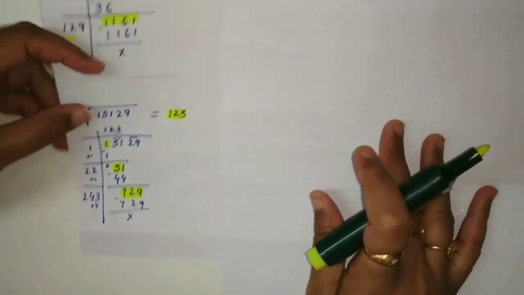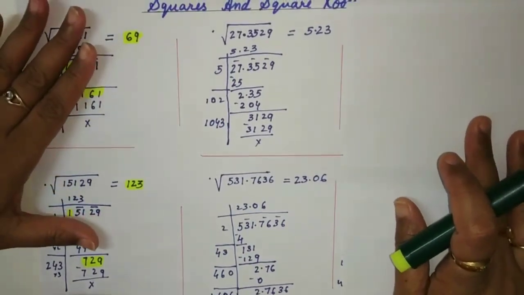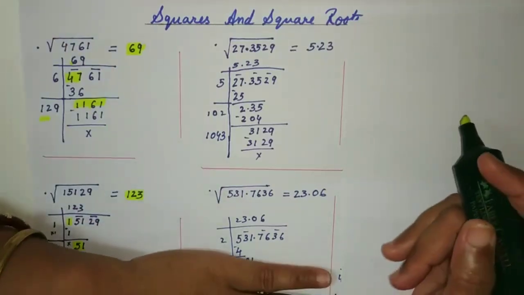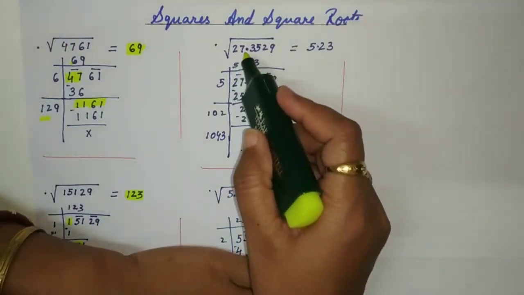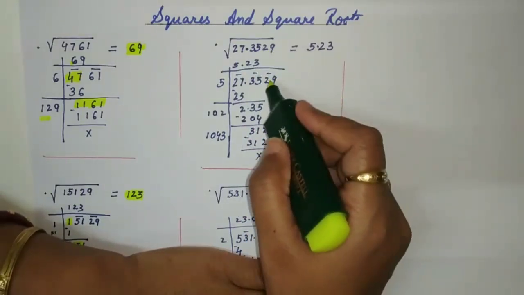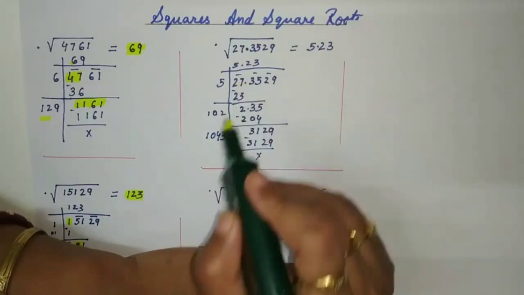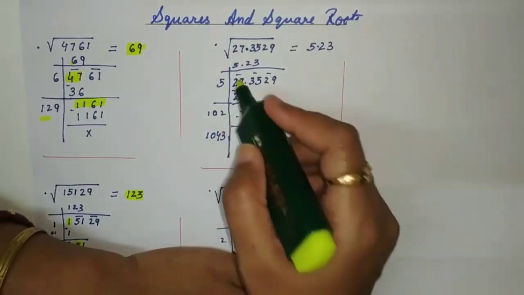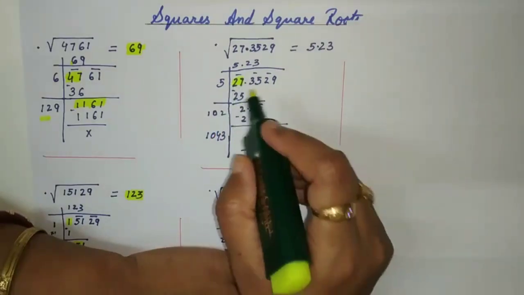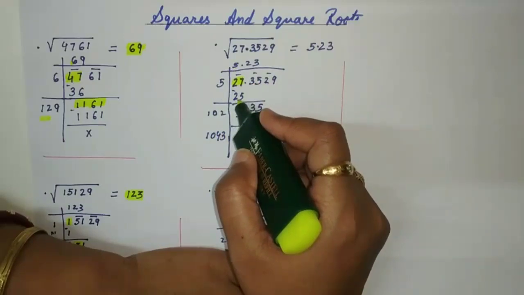I have taken another question for you, and this time with a decimal number. Okay. So the number that I have taken is 27.3529. Okay. So 29 is paired, 35 is paired, 27 is paired. So the number that we will check first is for 27, which is the number 5. 5 5s are 25.